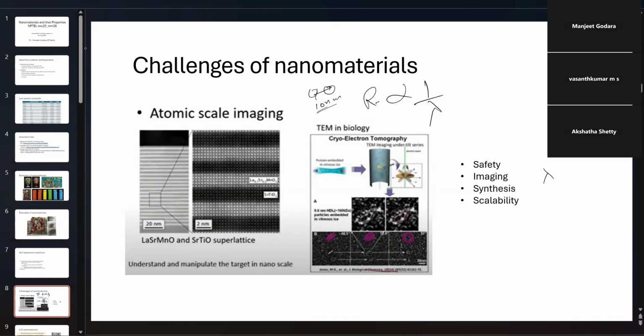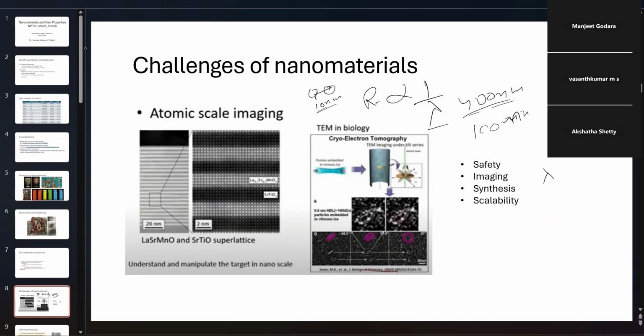So visible light, I think the smallest wavelength is around 400 nanometers. To go below that, you use X-rays. X-rays may be smaller, maybe 100 nanometers, something like that.